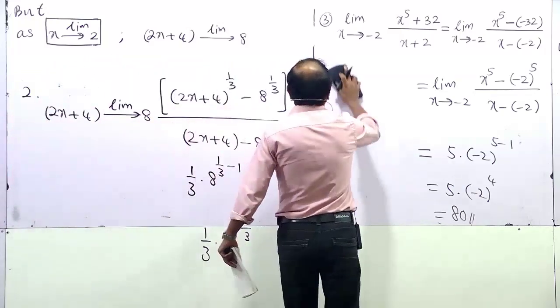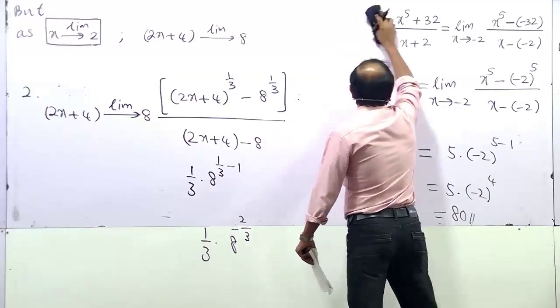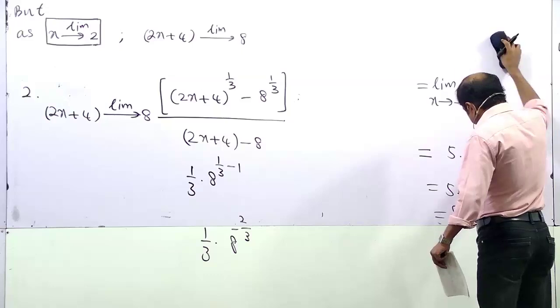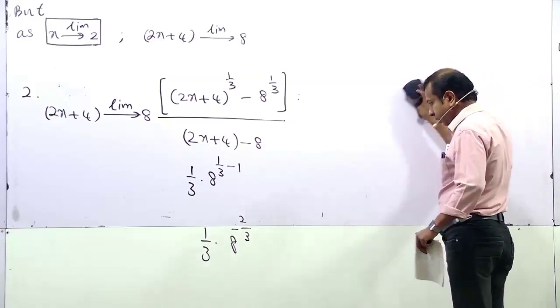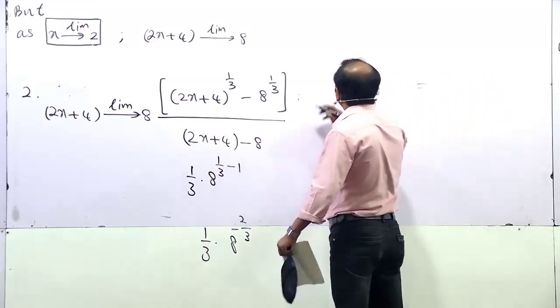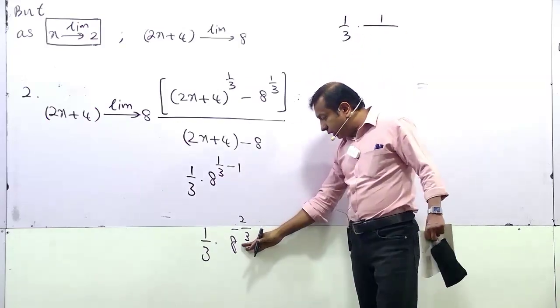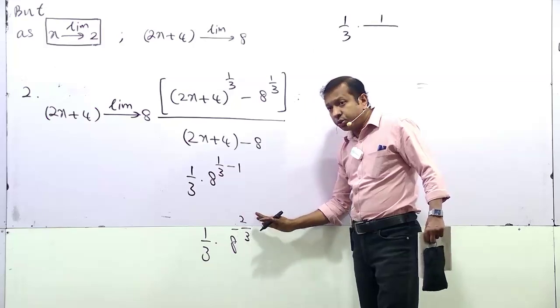All right, we can simplify that furthermore. One third, this 8 to the power minus 2/3 we take to the denominator.